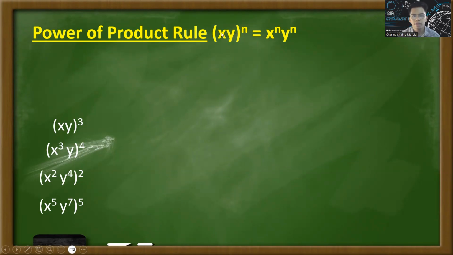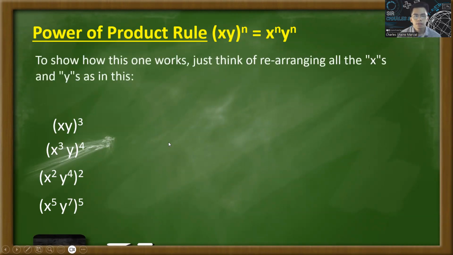Okay, since meron na tayong nakikitang minumultiply na x and y, or dalawang bases, and meron din tayong nakikitang mga exponent sa kada base. Okay, so dito combination na siya ng power of power rule and product rule. Pero ang gagamitin natin or gagawin natin sa exponent, we will multiply.